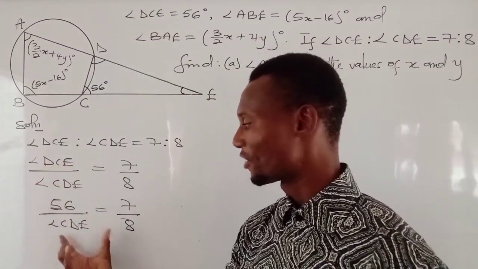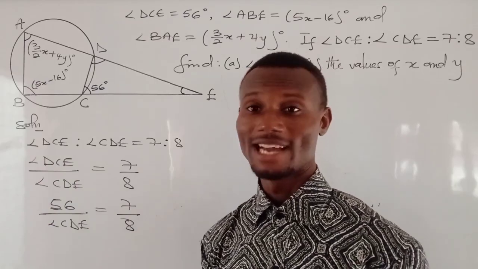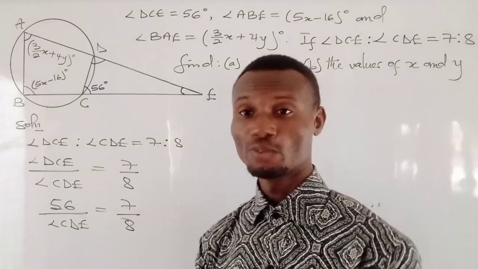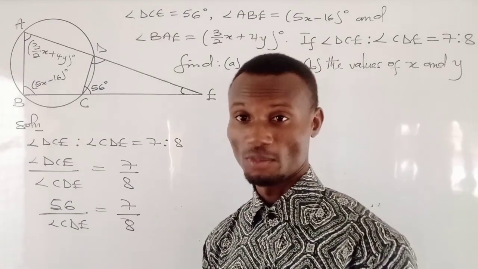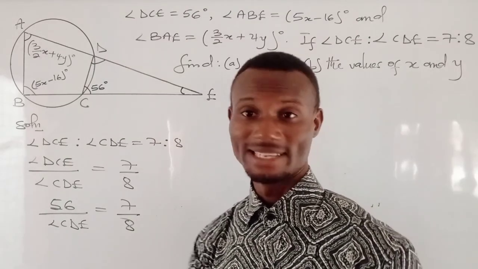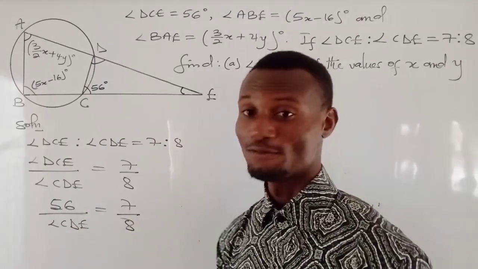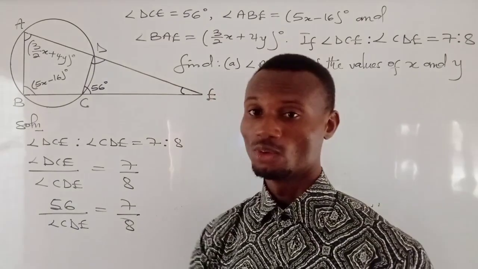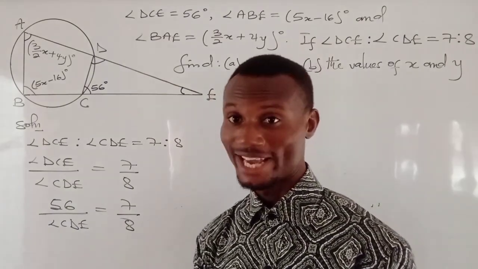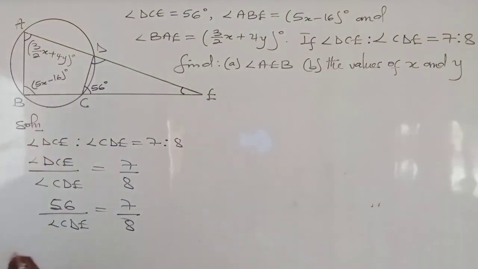Now when you have an equation like this, what you do is that either you multiply through by the LCM or you cross multiply. Either way you get the same answer. I prefer that you cross multiply, but if you choose to multiply through by the LCM, it's the same thing that you are going to get. So I'm going to cross multiply now.